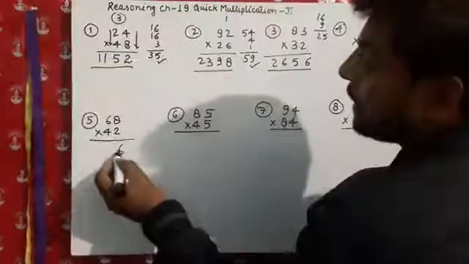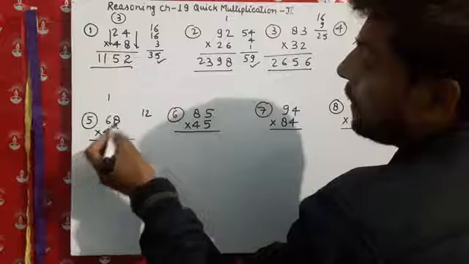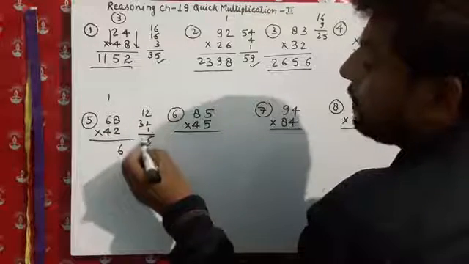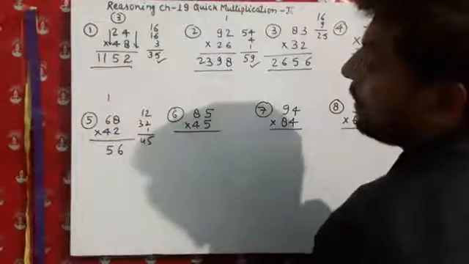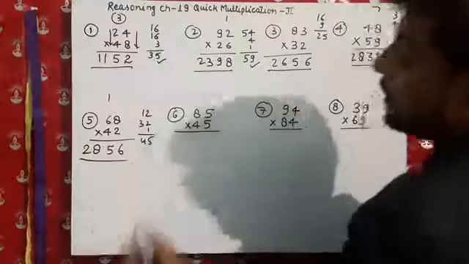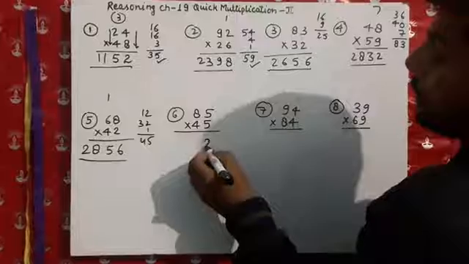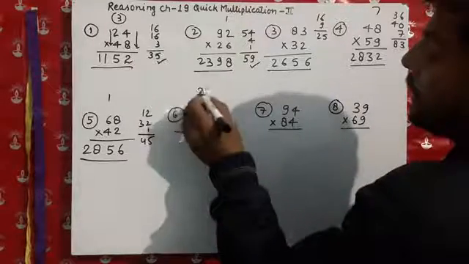Now going to the fifth part. 8 twos are 16, 1 carry over. Now 6 twos are 12. 8 fours are 32 and this one, so it becomes 45. So 5 is here, 4 carry over. 6 fours are 24 and this 4, so it becomes 28. So the answer becomes 2856. Now 5 fives are 25. 5 is here, 2 carry over.